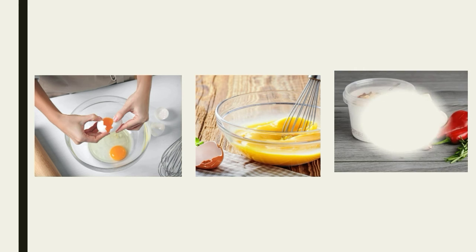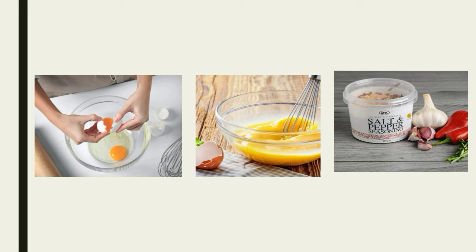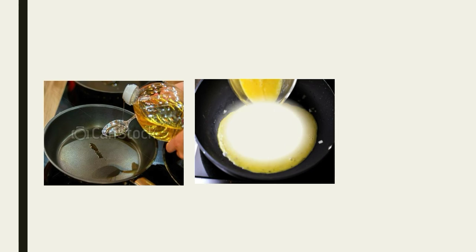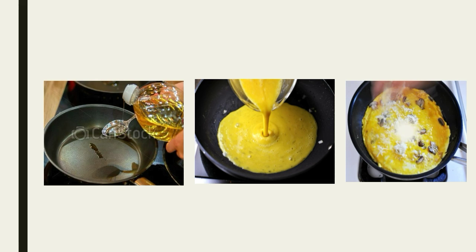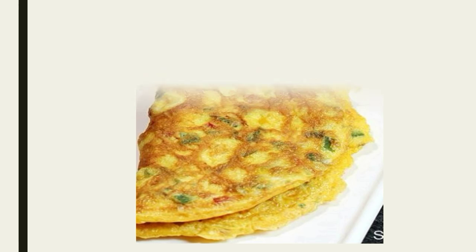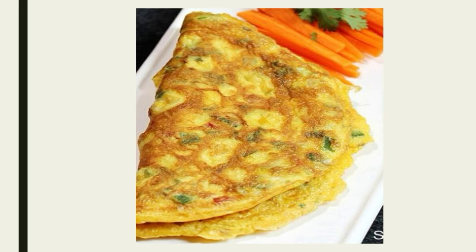Add salt, pepper and seasoning. Heat a spoon of oil in a pan. Pour the eggs into the pan. After 30 seconds, flip it over and cook for 30 seconds. Serve the omelette on a plate.